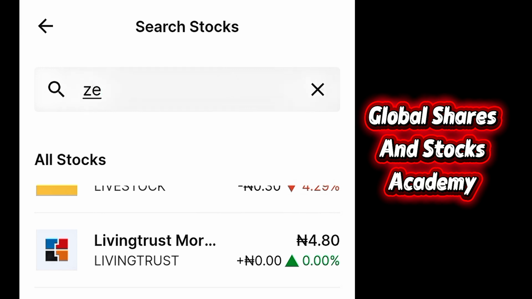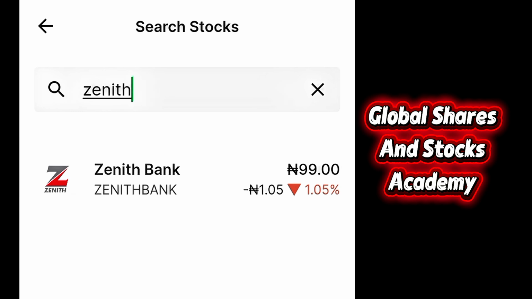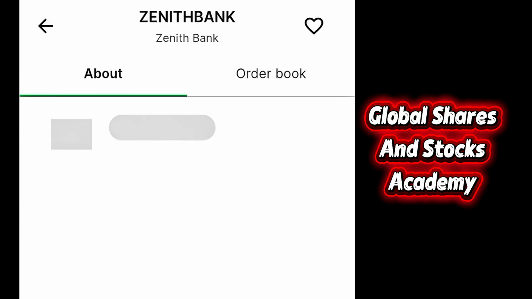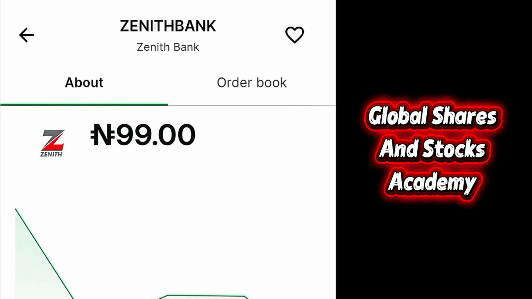I will be going for Zenith Bank. Right now you can see this is Zenith Bank shares. It is being sold at 99 naira. You click on it and it will load up this interface for you.